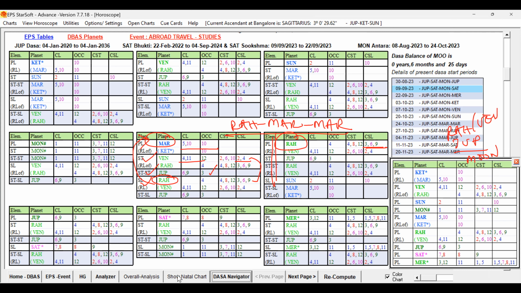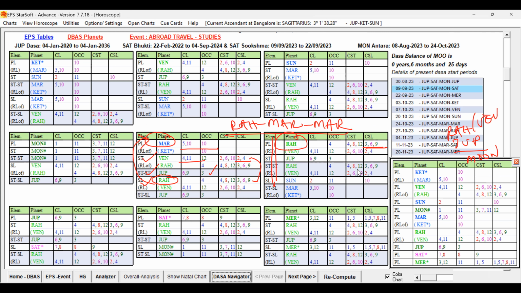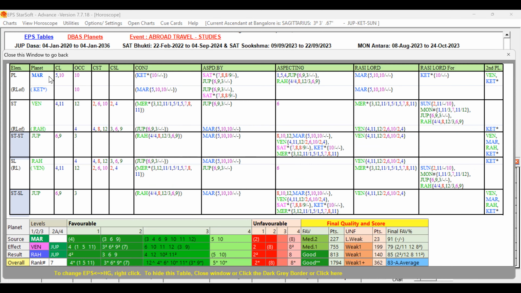So Moon is playing a role in the supports, because if you open that EPS table for Rahu, then you will find where Moon is playing a role for the rulers of Mars. You can see Mars is having Jupiter, Rahu in the supports, and Venus is having Moon, the Rasi Lord for Moon.